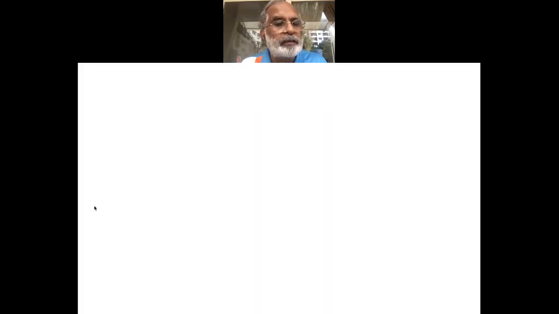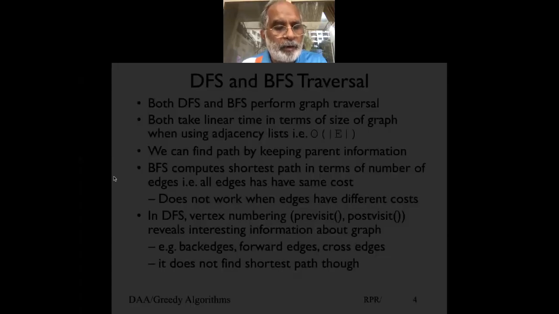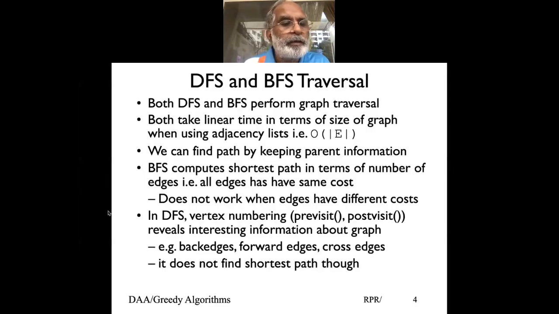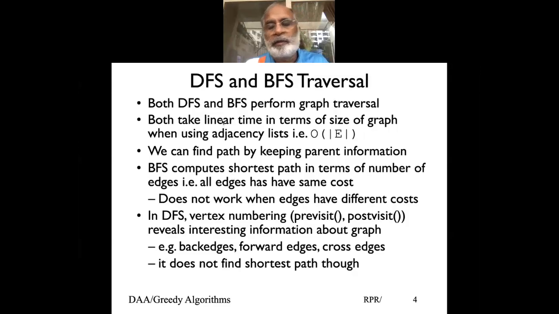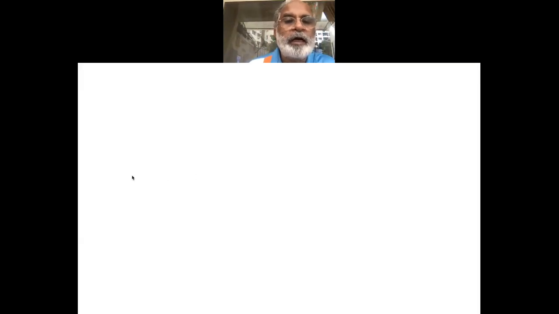Both allow us to do graph traversal, and that is essentially what we will do when doing the Dijkstra algorithm. Graph traversal in both cases is done in order E time, where we traverse each edge.